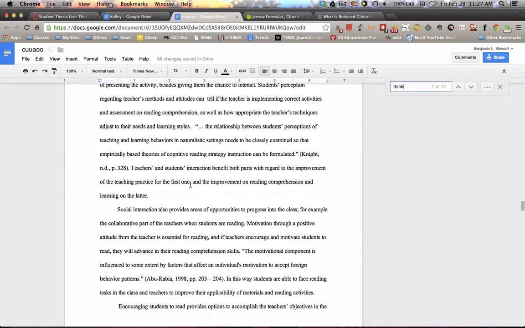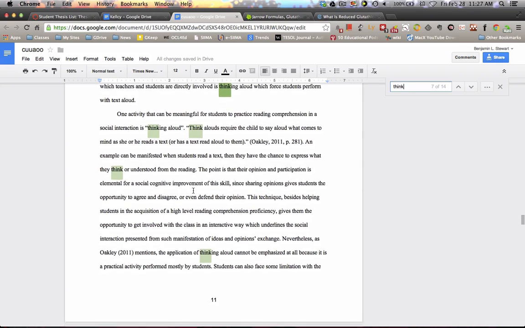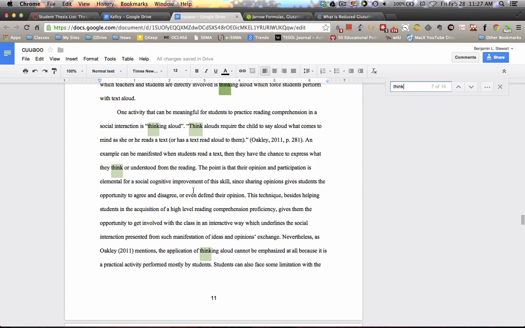but briefly. Okay, here's what you need to ask yourself. When do I introduce think alouds? When do I first mention think alouds in the whole thesis? I have to follow the same pattern. Well, make sure it's logical, right?